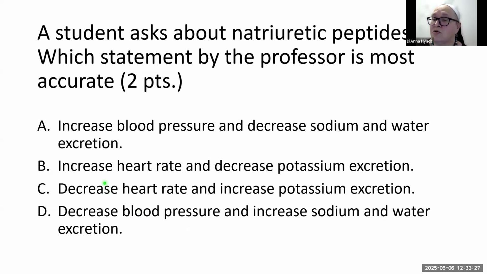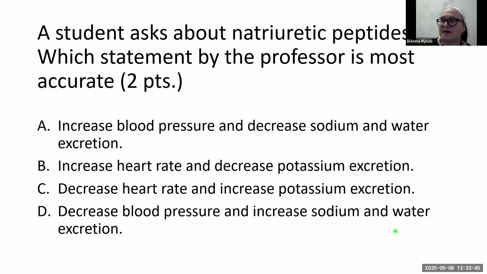Option B, they increase heart rate and decrease potassium excretion. Option C, they decrease heart rate and increase potassium excretion. And D, they decrease blood pressure and increase sodium and water excretion.